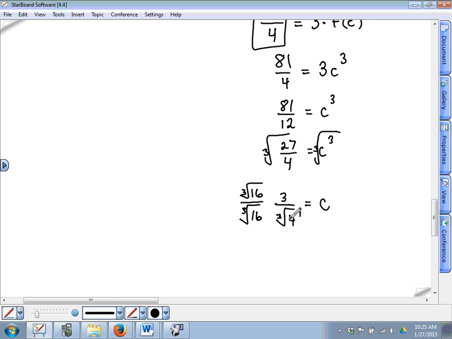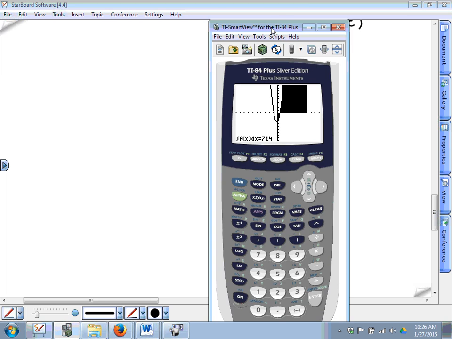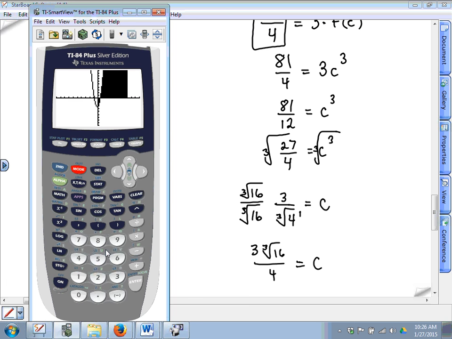Okay, so anyway, 16 times 4 is 64. The cube root of 64 is 4. So this is 3 cube roots of 16 all over 4, and that's equal to c. That's approximately 1.8. 3 times the cube root of 16, about 1.8, divided by 4, is 1.88.